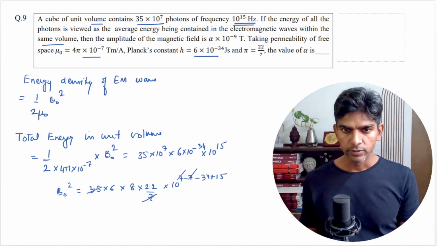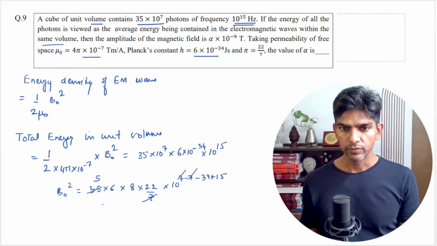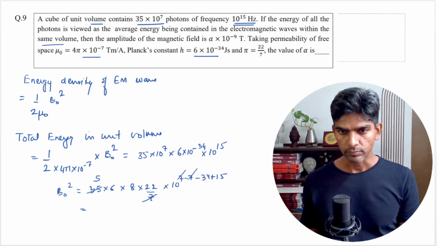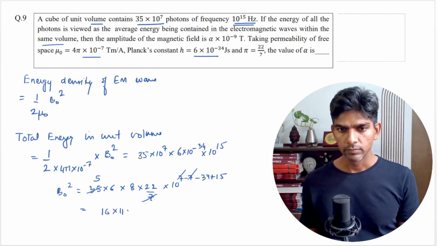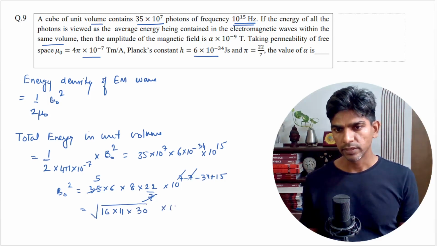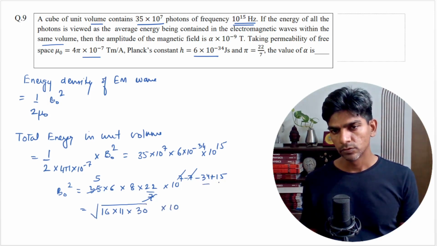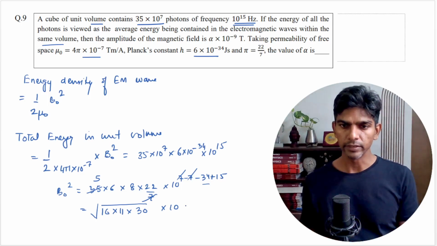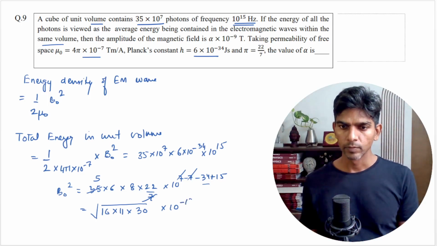So this will give us 5. So we are getting 16 into 11 into 30, the root of that, times 10 raised to power 15 minus 19, root of that.